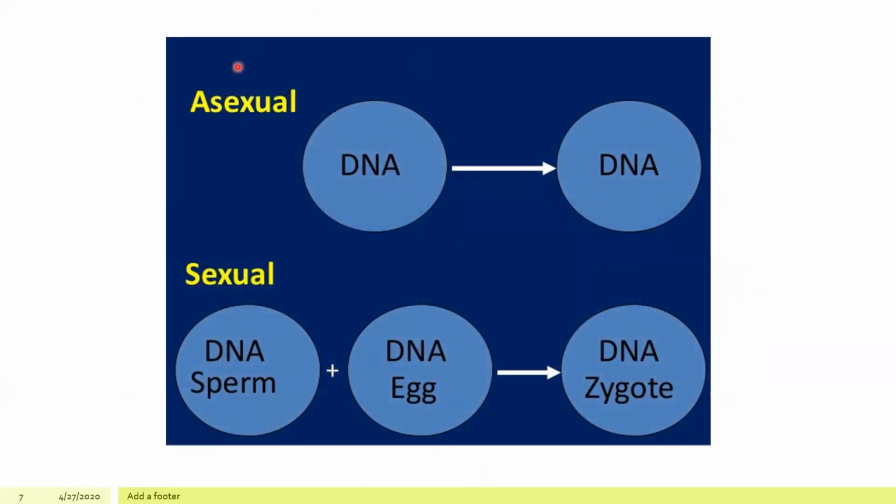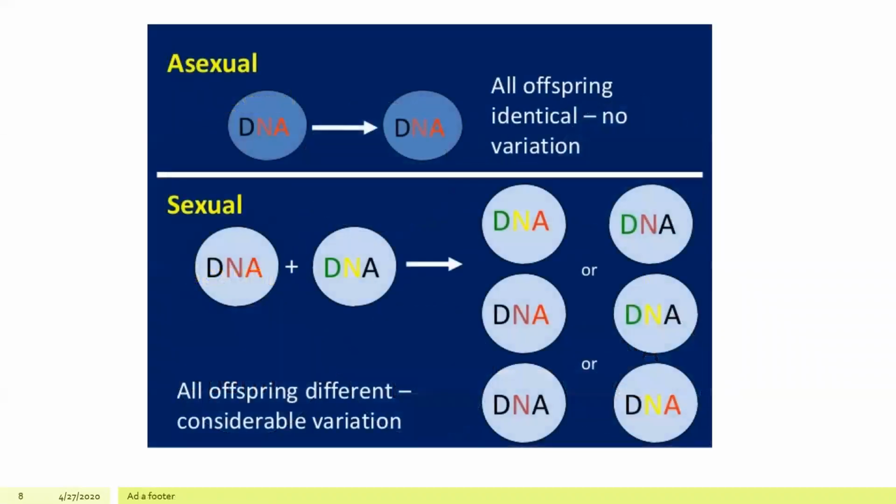Another visual representation of asexual reproduction, it just goes from DNA to DNA. Well, in sexual reproduction, I have the DNA of the sperm, I have the DNA of the egg, and it creates a zygote of both egg and sperm. And zygote just means like a tiny, tiny baby inside the womb. Again, this is just showing genetic variation or genetic diversity. This is not diverse at all.